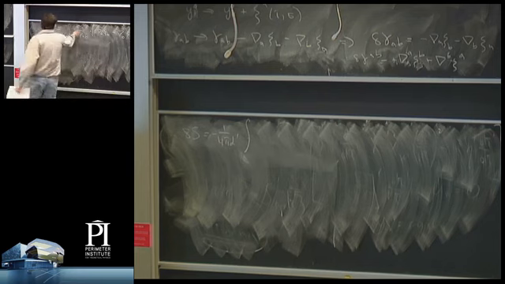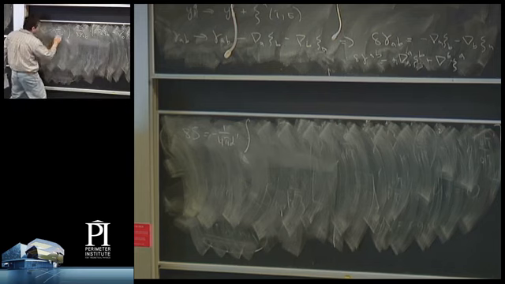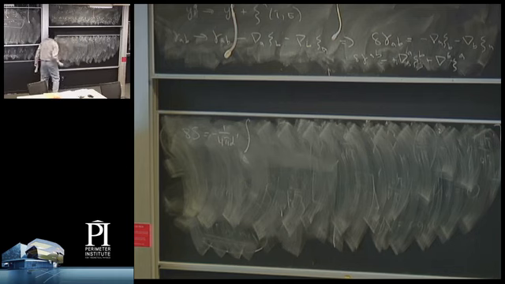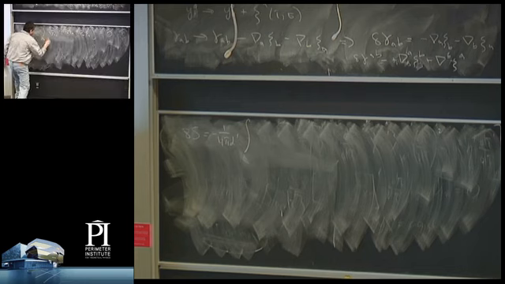Now if I look at what is here, this guy is just T AB, with the upper index.